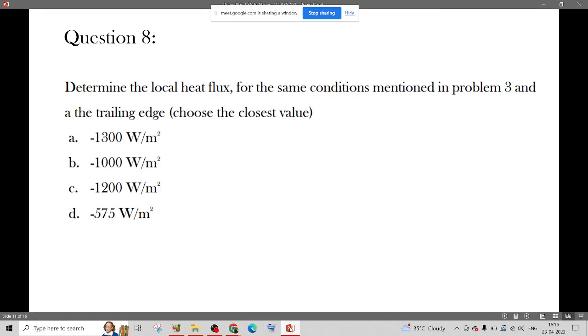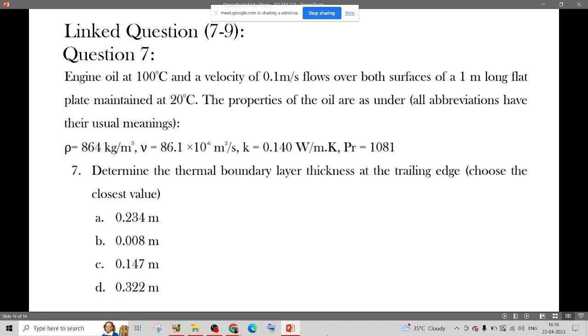Now question number 8. Determine the local heat flux for the same conditions mentioned in problem 3 at the trailing edge. We have to find out the local heat flux. It is simple. I am opening this question.